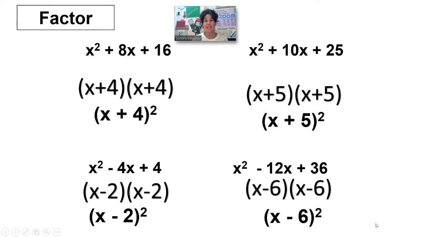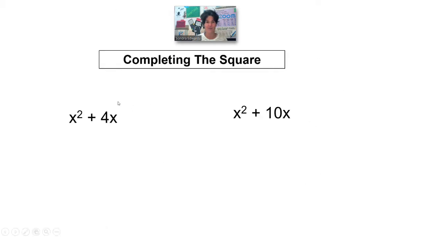Let's see if we can take those observations and just create some perfect squares. We're going to build up to starting with a quadratic equation in ax squared plus bx plus c form and turning it into vertex form. Let's create a couple of quadratics that are perfect squares.